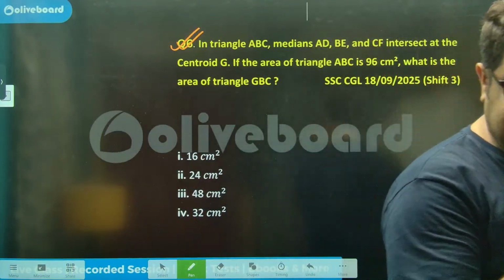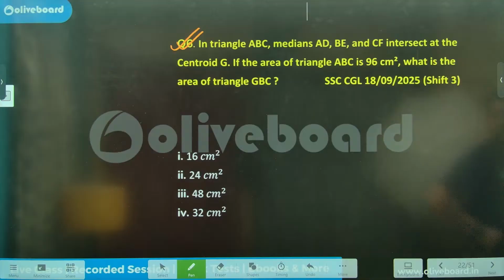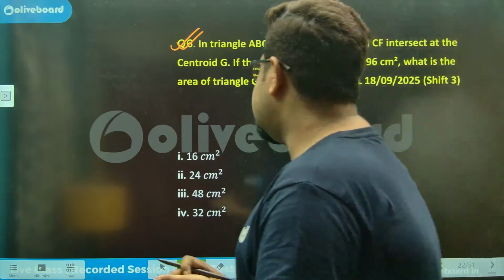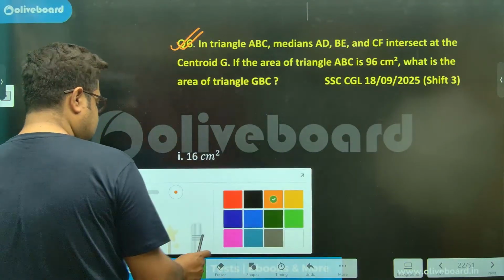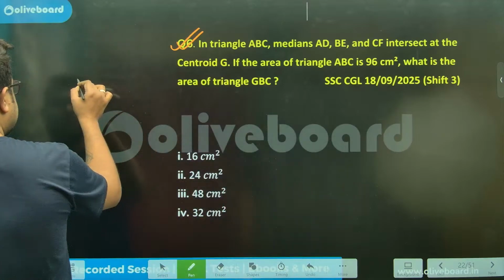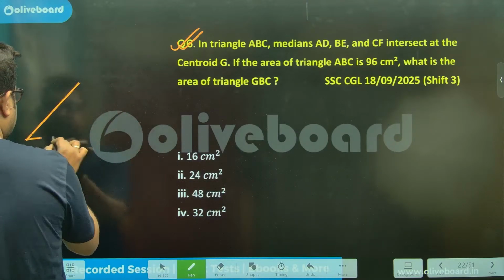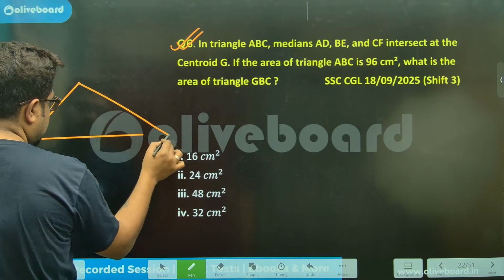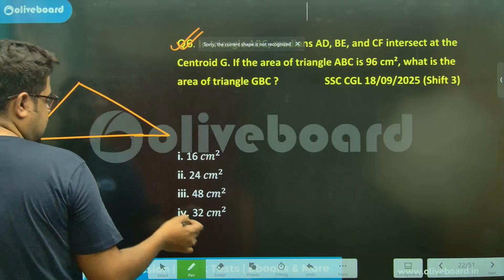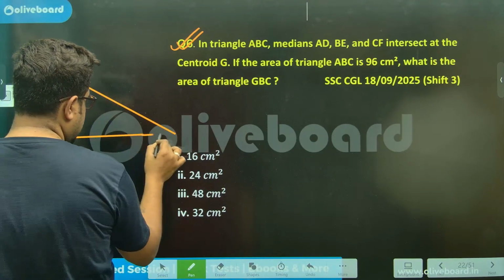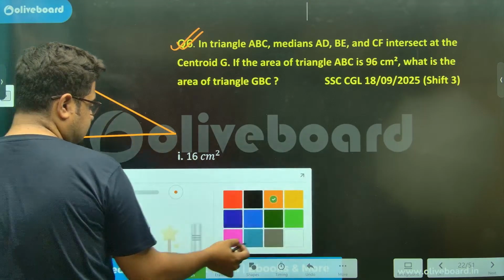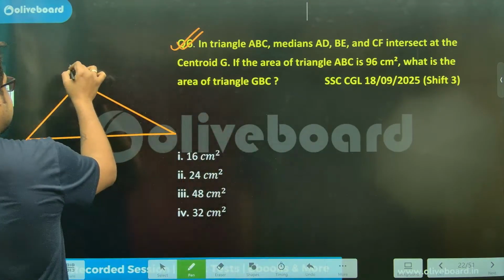Again, a little geometry-based mensuration, this one. Everybody, please read it. I'll draw the figure. There is a triangle ABC, medians are given. This is your triangle ABC.